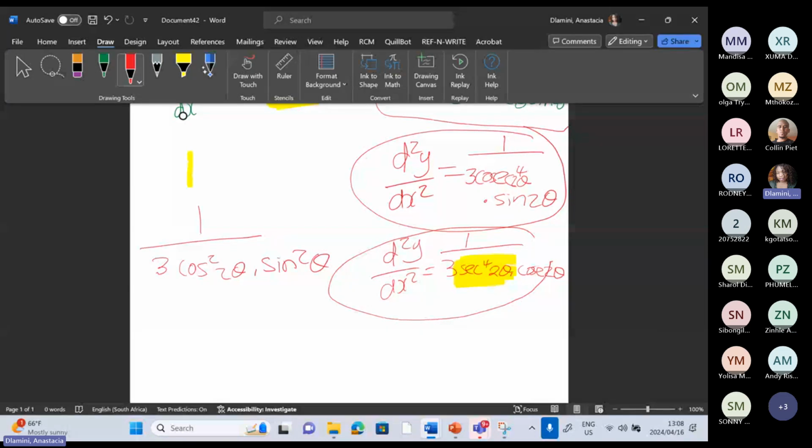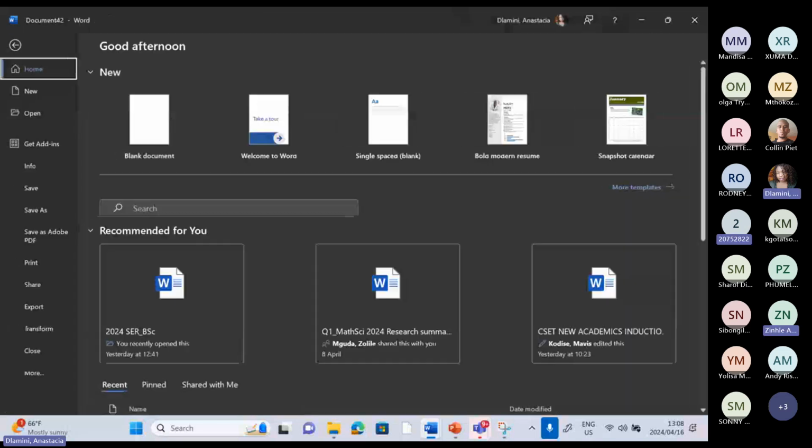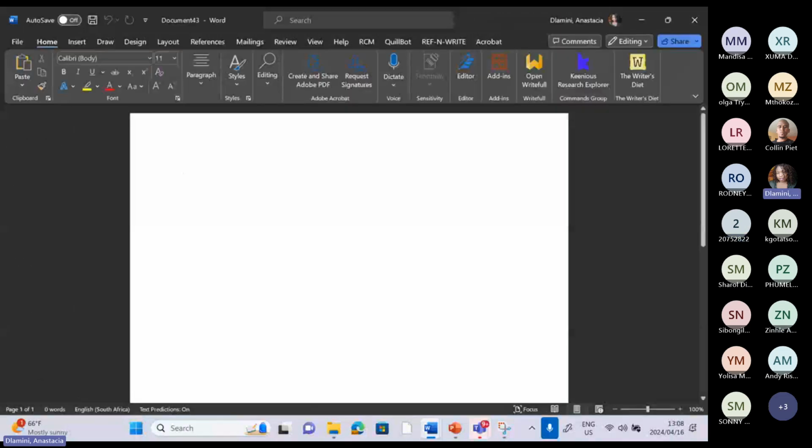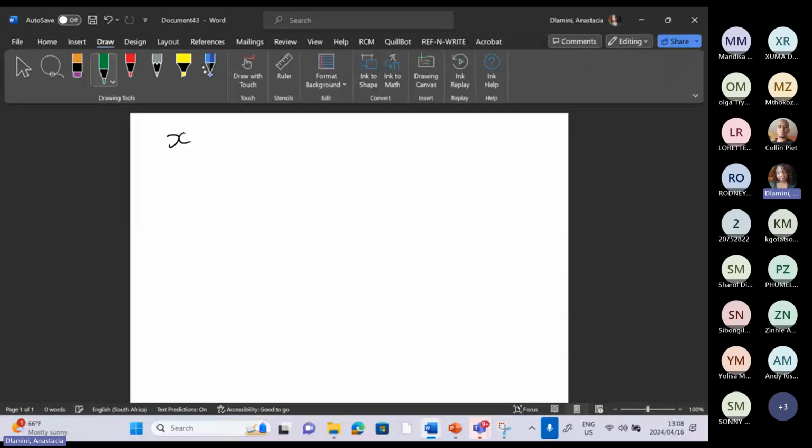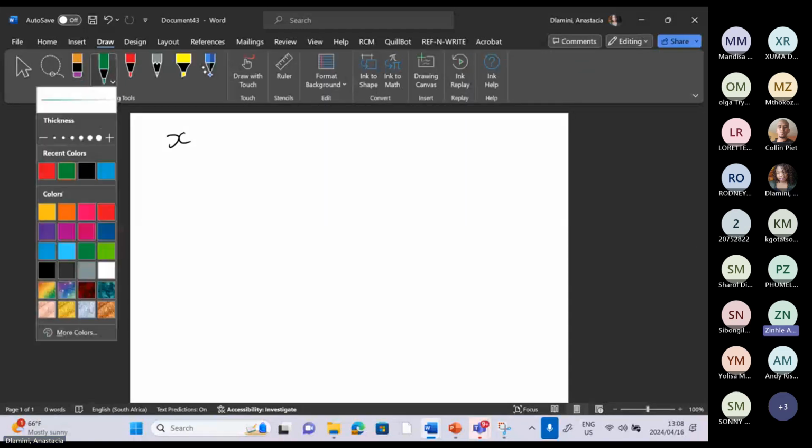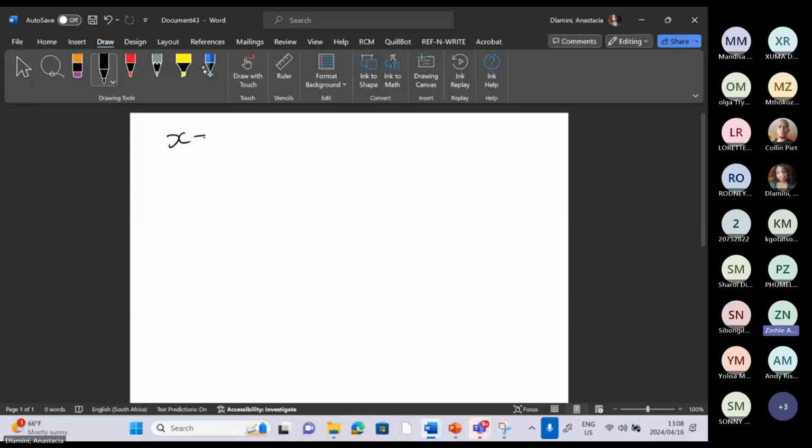Let's do it together, then we can discuss. Okay? X is equal to what? It's cos to the power 3 of 2 theta, isn't it? Y is equal to what?